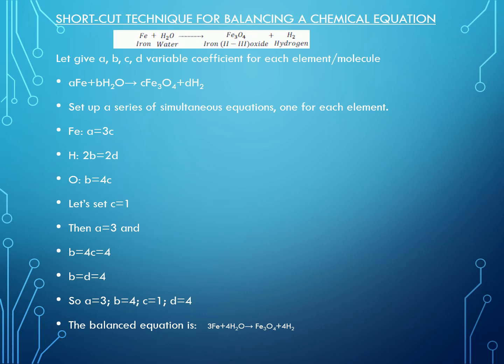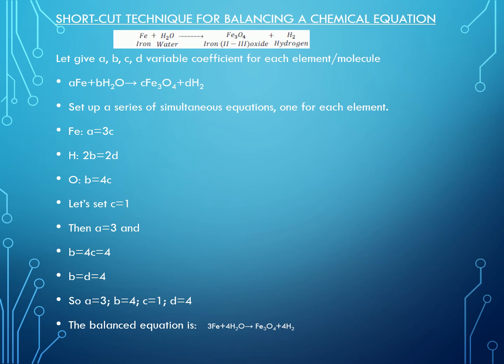Let's set C equal to 1. Assume that C is 1. Then A will become 3 after putting the value of C equal to 1 in the first equation. For hydrogen, B equal to 4C, that is equal to 4, and B equal to D, that is equal to 4.